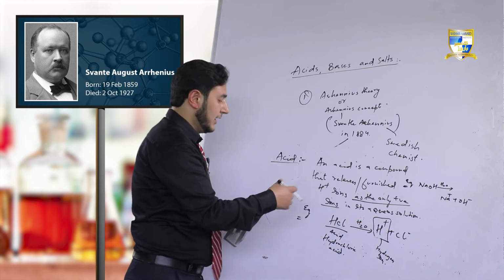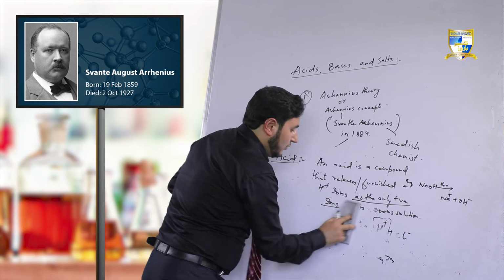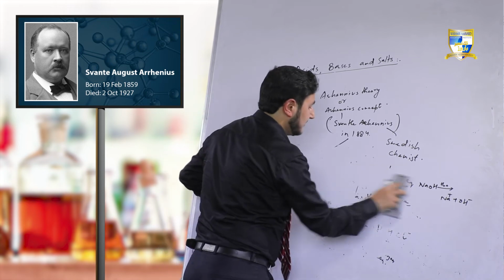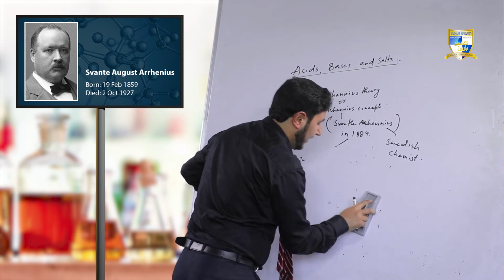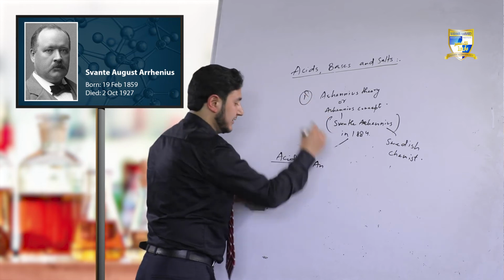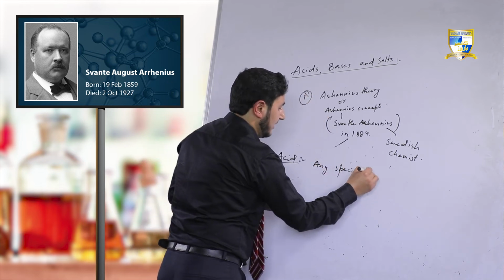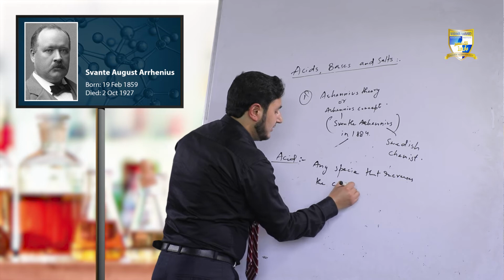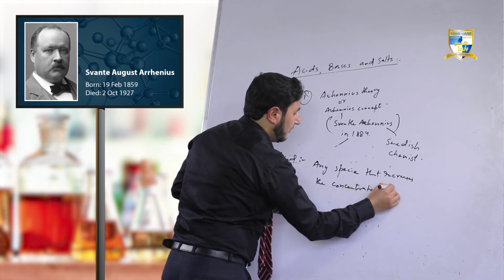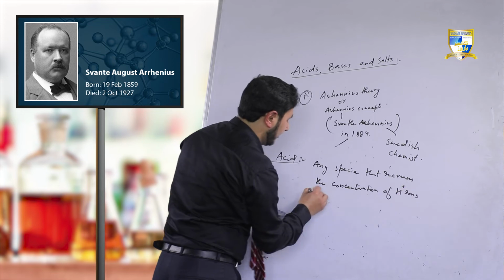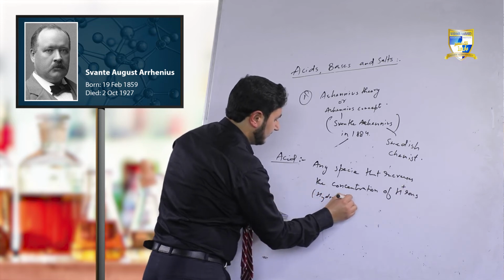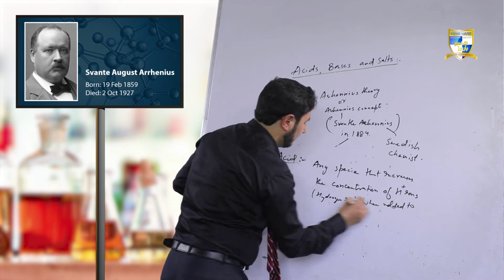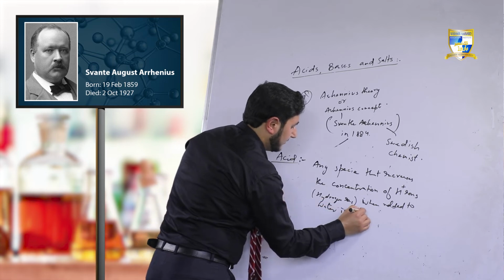Fine? Let us go with the second statement, that we can define this over a second statement, that is any species, according to Arrhenius, that increases the concentration of H positive ions, that is hydrogen ions, when added to water is called an acid.